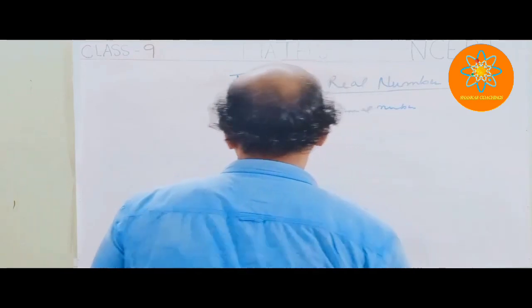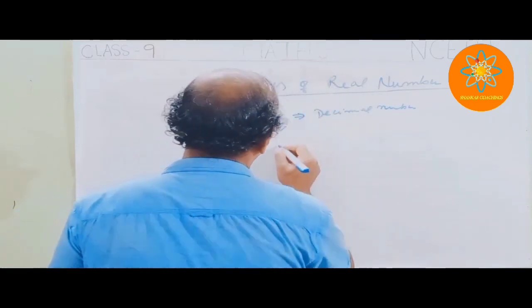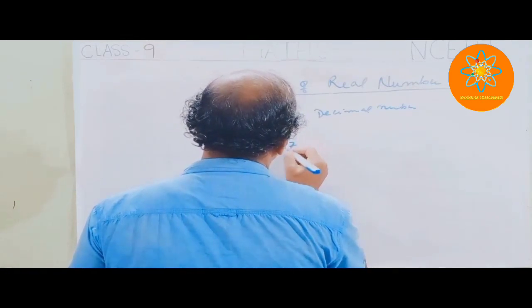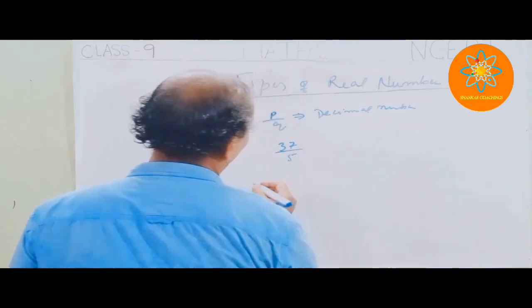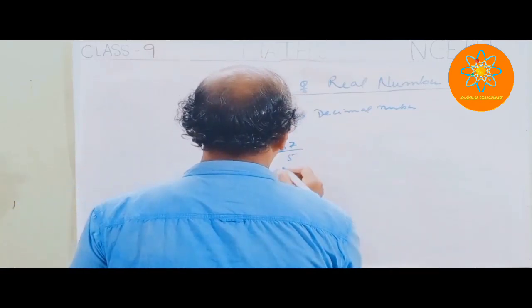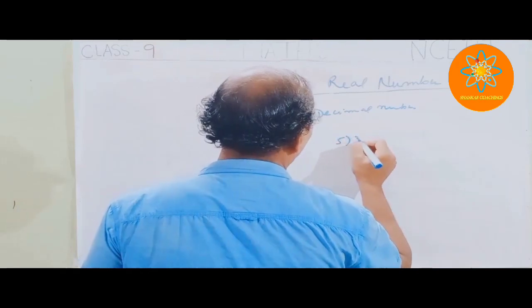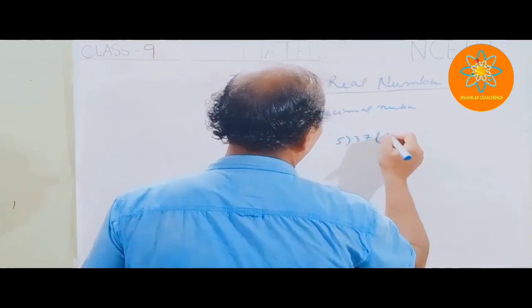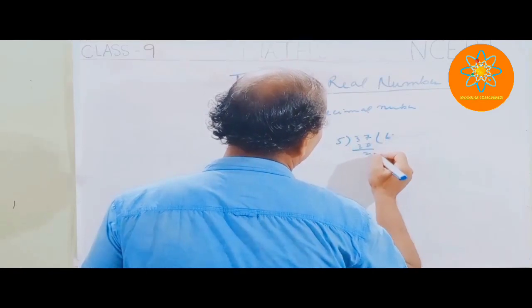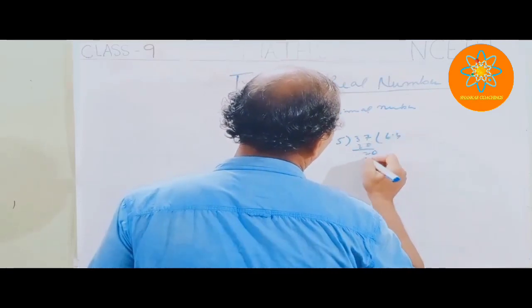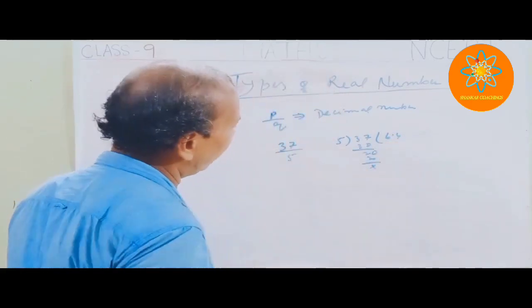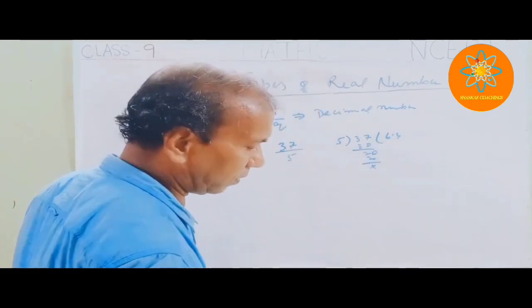I am giving a simple example. Suppose 37 is given and I divide it by 4. So how much will it be? It will be 9.25, with remainder 0. So 37 by 4 is called the terminating one.